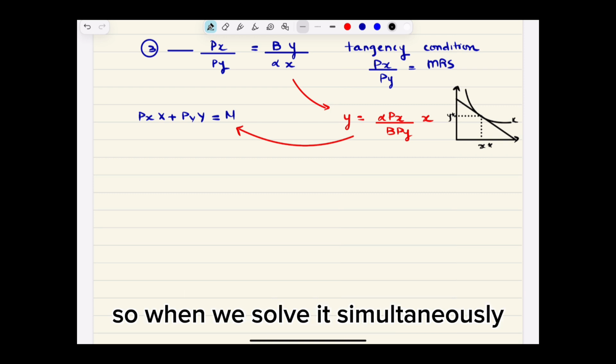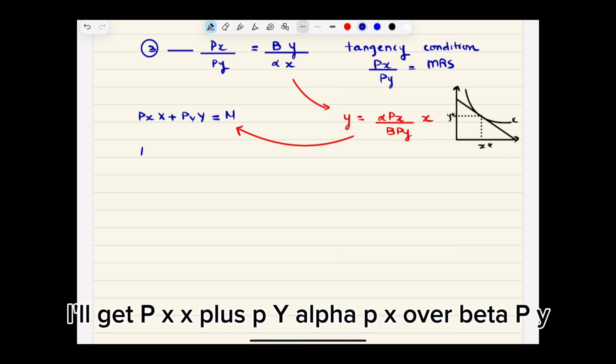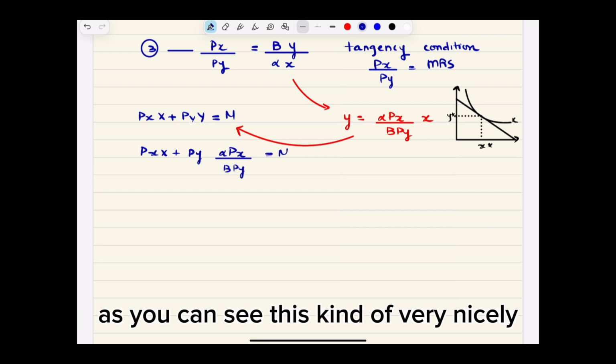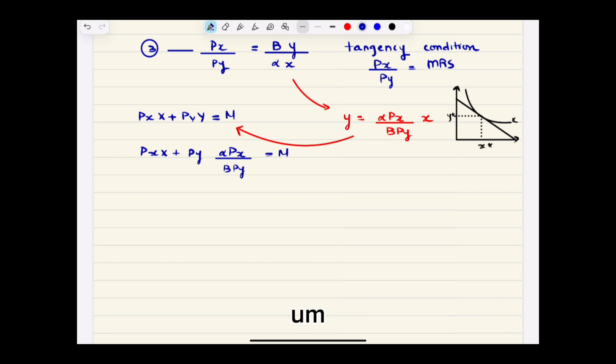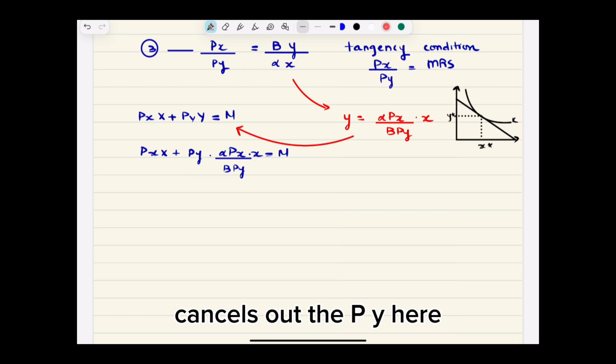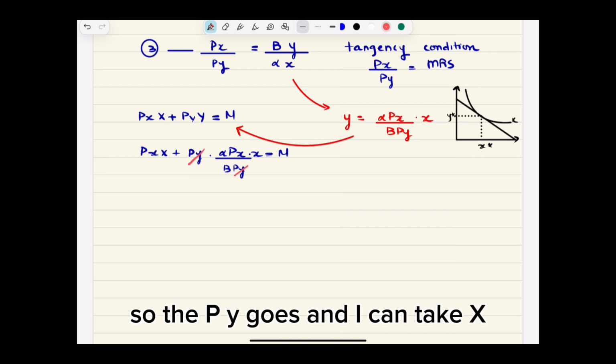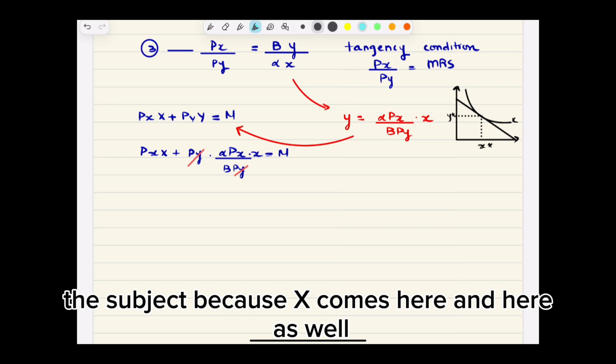Anyhow, when we solve it simultaneously, I'll get px x plus py times alpha px over beta py. As you can see, this very nicely cancels out the py here. So the py goes, and I can take x as the subject because x comes here and here as well.